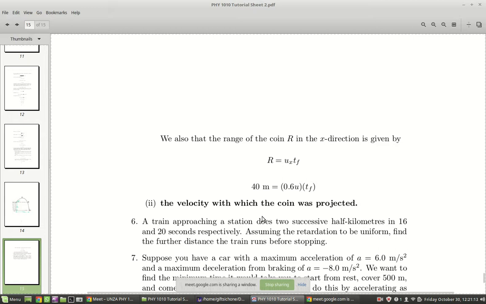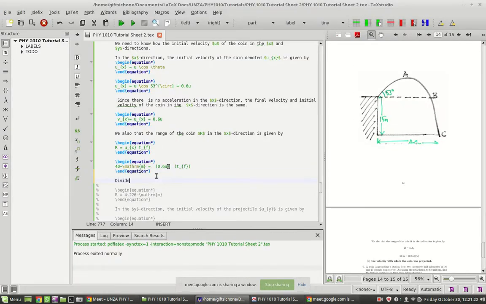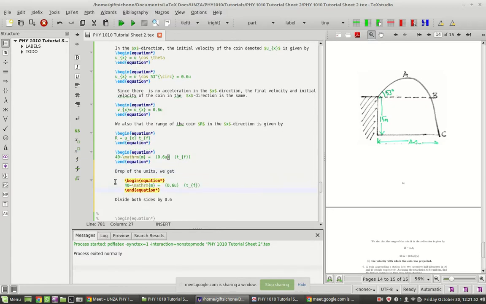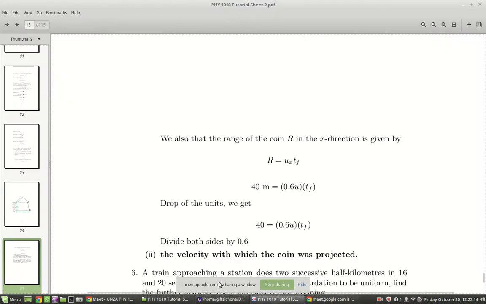We can divide both sides by 0.6, and before I do that, I can drop off the units. Then divide by 0.6 from both sides.